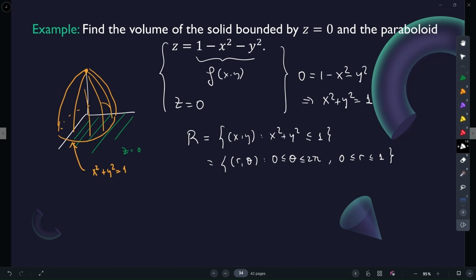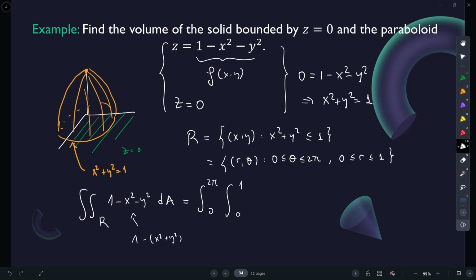So the integral over this circle of 1 minus x squared minus y squared dA in polar coordinates will be the integral from 0 to 2 pi, the integral from 0 to 1 for r. And this function is 1 minus x squared minus y squared, but again, x squared plus y squared is r squared. So this is the integral of 1 minus r squared times my conversion factor r times dr d theta.